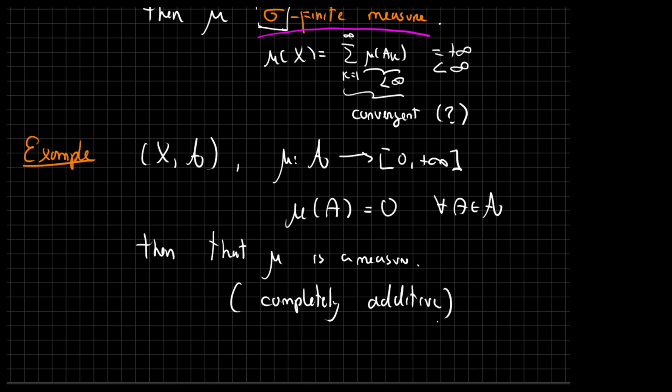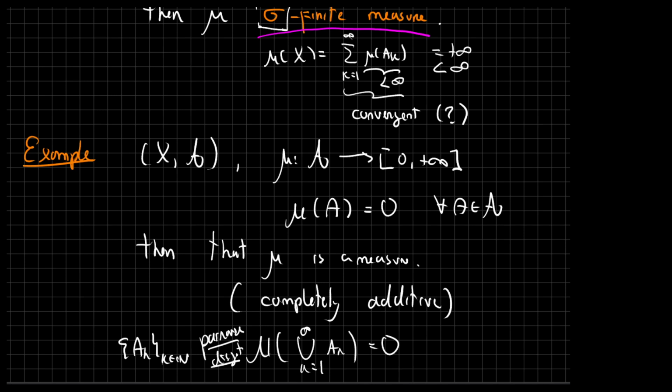If you have any family that is countable and pairwise disjoint, then the union of this family will be an element of the sigma algebra, so this value will be 0.